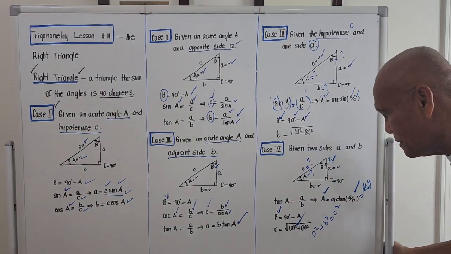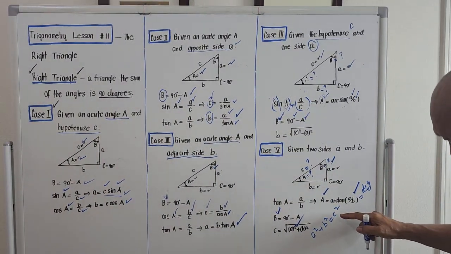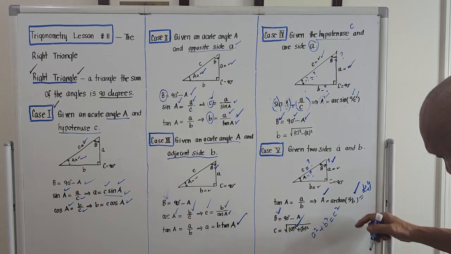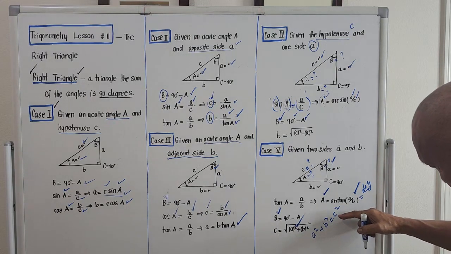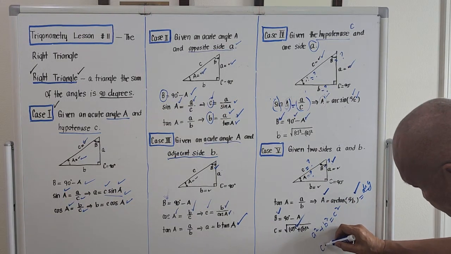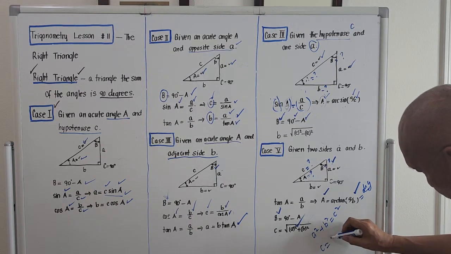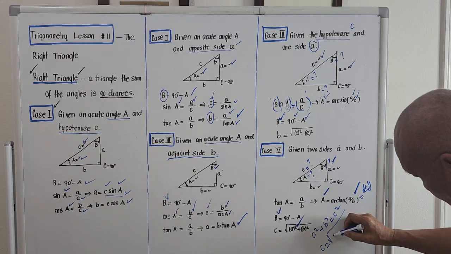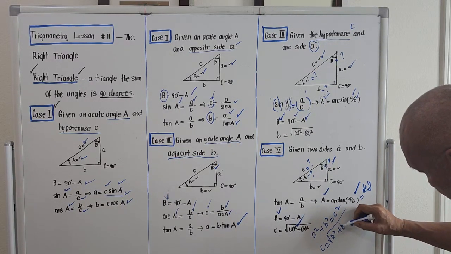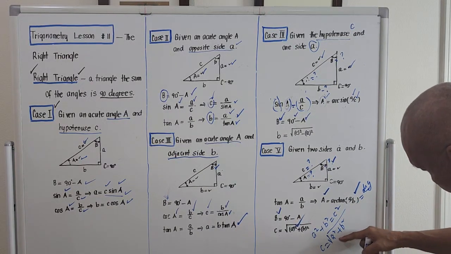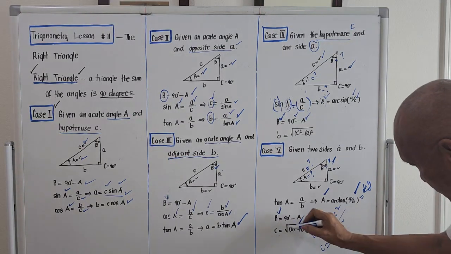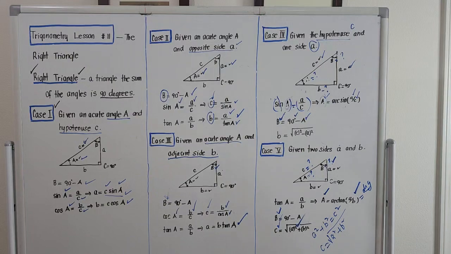And we must compute for C. We take the square root of both sides. The square root of C square will just be simply C. And the square root of the sum of the squares will be the square root of A square plus B square. We are given A, we are given B. You take the sum of the squares, then take the square root, and that will be the value of C.